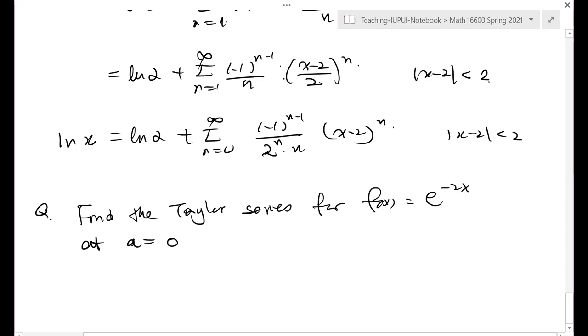Maclaurin probably worked at the same time. He also discussed power series for functions, and he proved some results similar to Taylor, but very special, focusing just on the origin, a equals 0. During early days, the communication was not good.